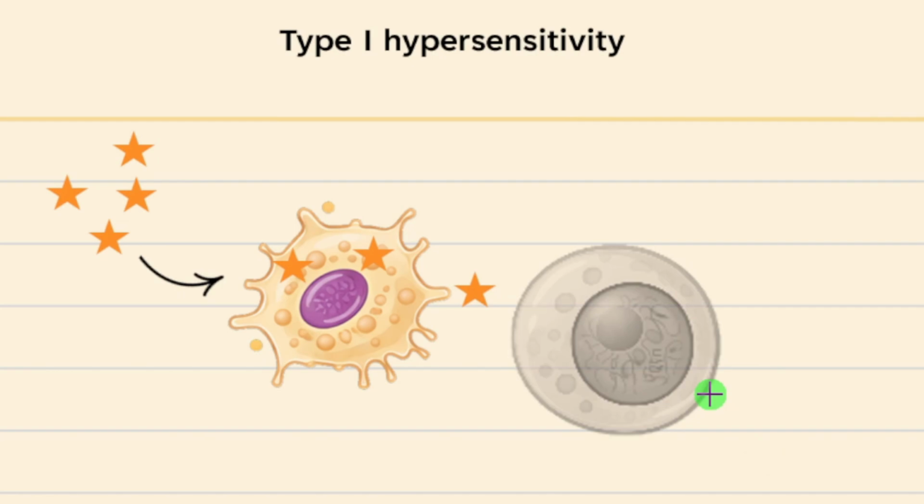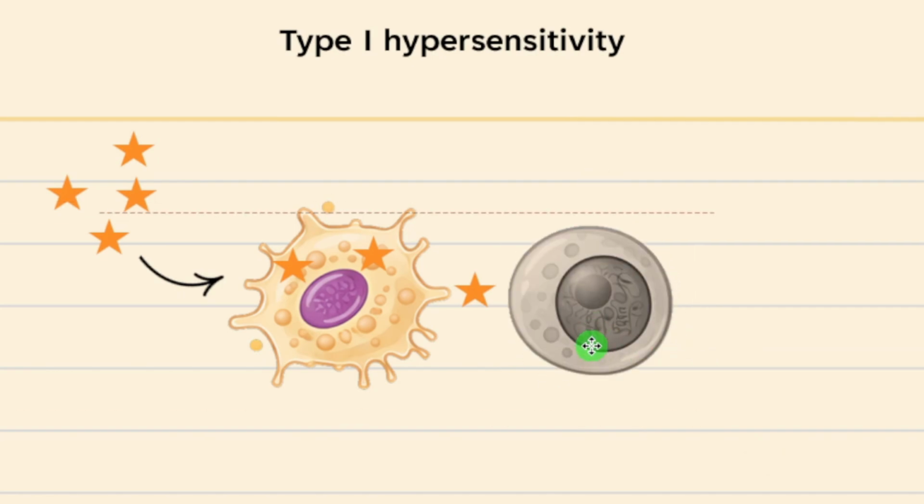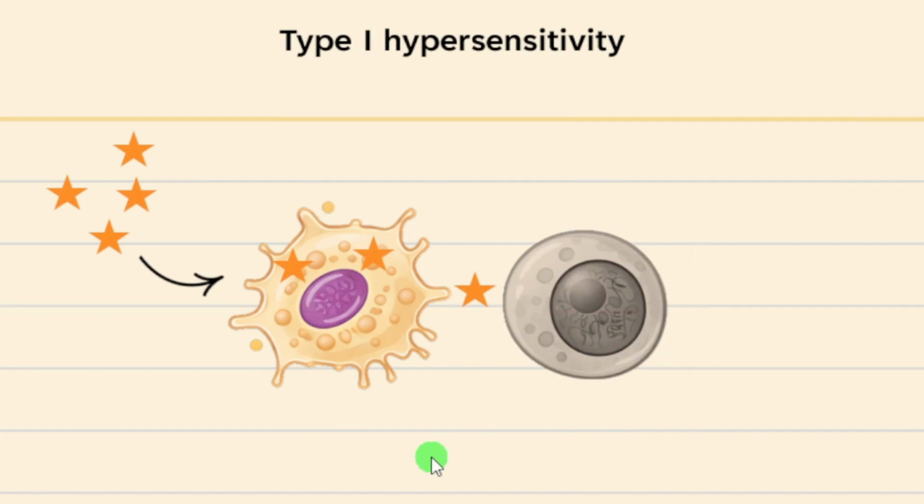Now, helper T cell is going to interact with the antigen-presenting cell through this allergen. So allergen will be dissociated, and small particles of the allergen or the antigen are going to activate these helper T cells. Specifically, the helper T cells are Th2 cells. So we have Th1 population, we have Th2. Th2 cells, helper T cells 2, are going to get activated with major histocompatibility complex 2.